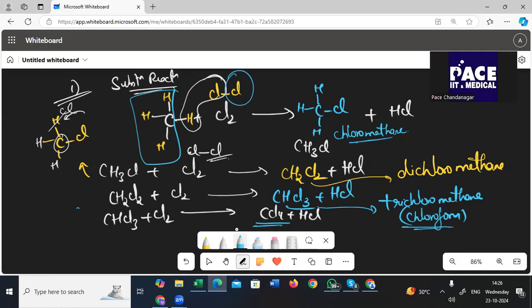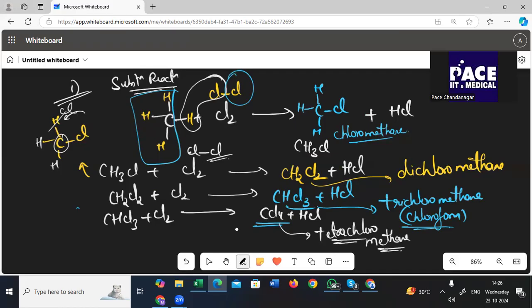Chloroform is the substance used in kidnapping scenes in movies, the chloroform they use for kidnapping. That is the same thing here, trichloromethane. And this is tetrachloro, four chlorines here, and the structure is still the methane structure. So it is tetrachloromethane. So we have monochloromethane, dichloromethane, trichloromethane, and tetrachloromethane.